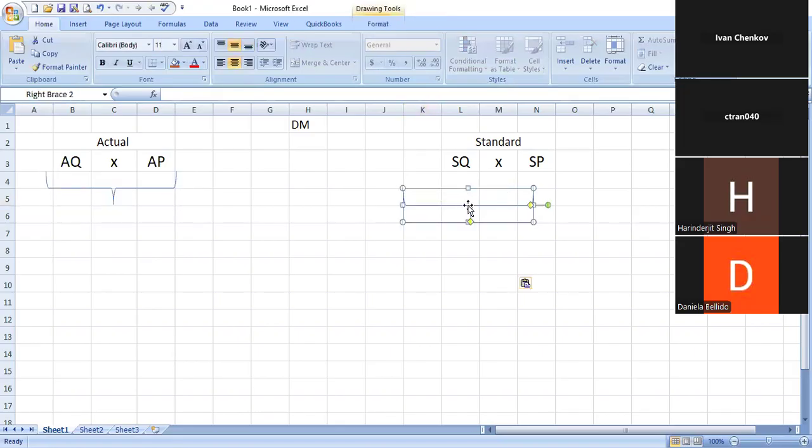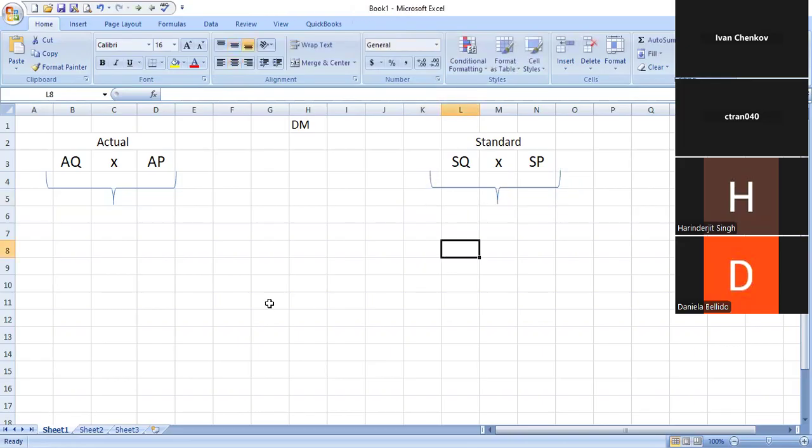Now the question that I have for you: can I compare those two numbers? Yes. Based on what? What's common between actual cost, actual price, and standard cost, standard price? Is there anything in common? Yeah, quantity, but on one hand I have actual quantity, on the other hand I have standard quantity. Can I compare the actual quantity with the standard quantity?